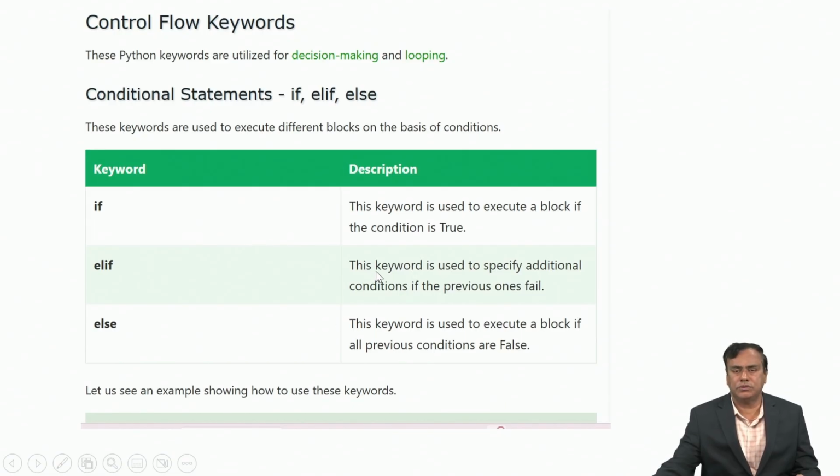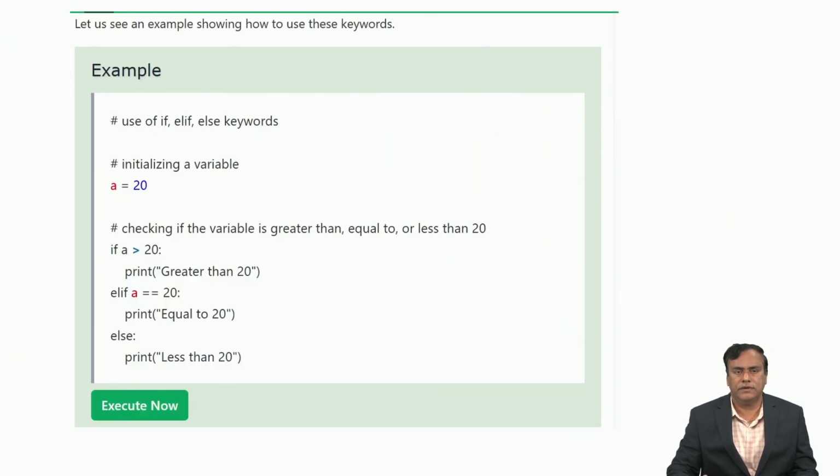If this condition is true, the statement associated with this elif will be executed. Otherwise, no. If all the previous conditions have failed, then the statement associated with the else keyword is going to be executed. So now this is about the keywords if, elif, else.